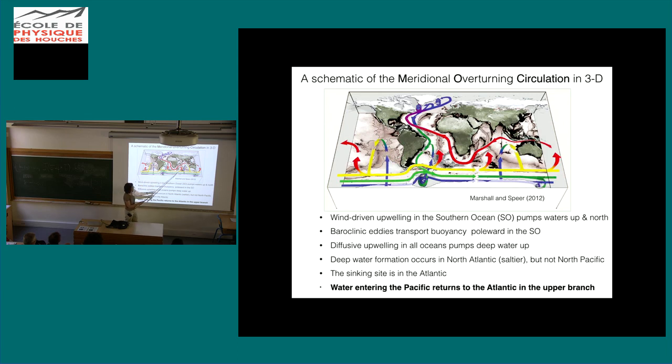So this water that entered the Indian Ocean and the Pacific is not going to sink in the Pacific, so it has to make its way to the Atlantic in order to sink. And so this is how it does it, primarily. It goes around the tip of South Africa and makes its way to the North Atlantic, and then the loop restarts.